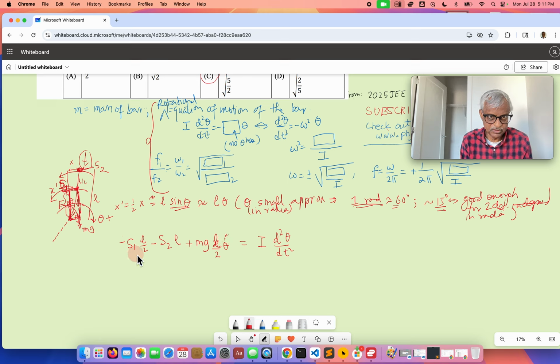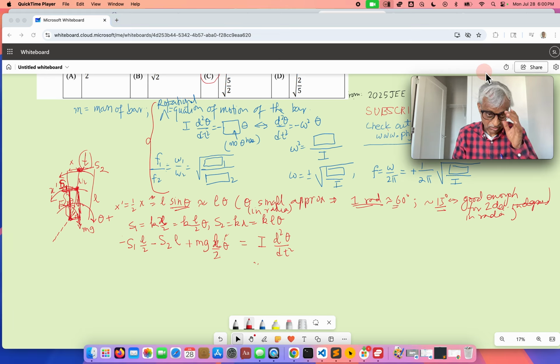So S1 and S2, what's S1? S1 is k x over 2, that's k L over 2 theta, and S2 is kx equals kL theta.